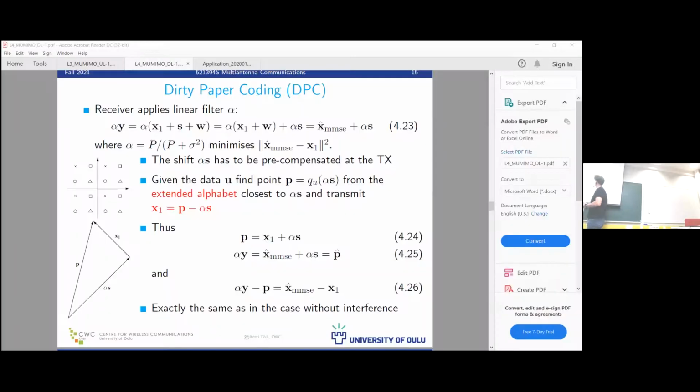We define the optimum alpha by minimizing the mean square error between the estimate and the actual transmitted message, first ignoring the interference vector S. After straightforward calculus, we got this alpha, which is P over P plus sigma squared.